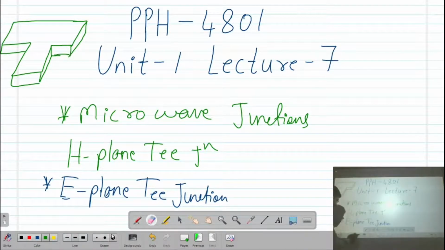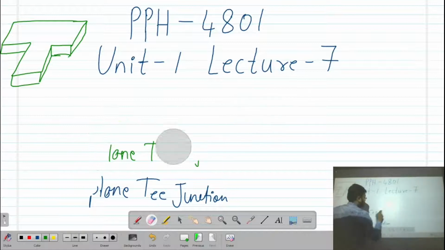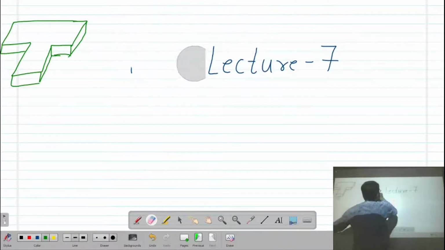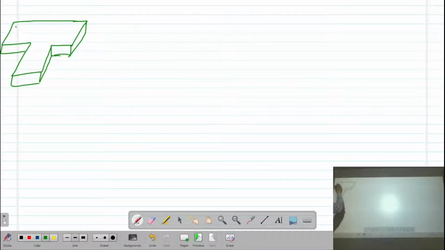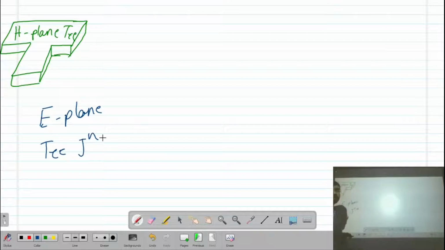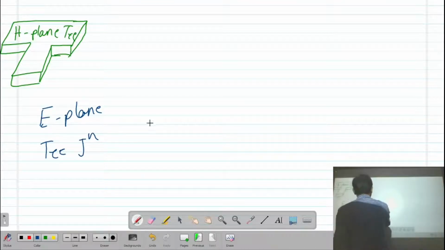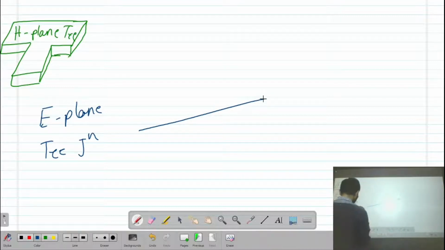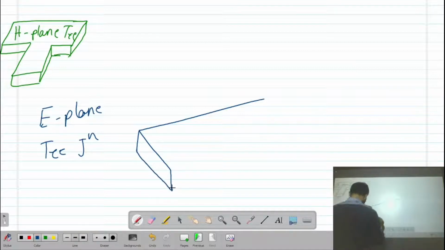While in E-plane T junction you will be having such a diagram.